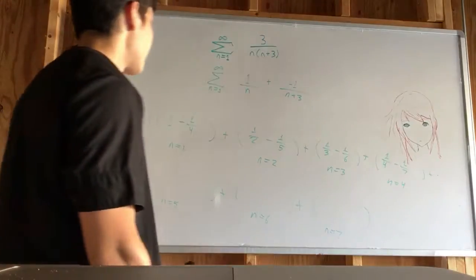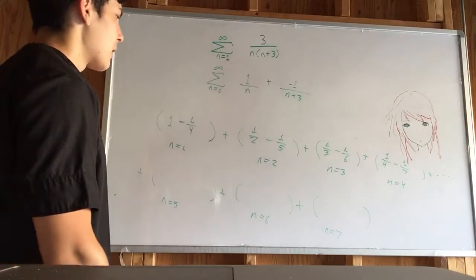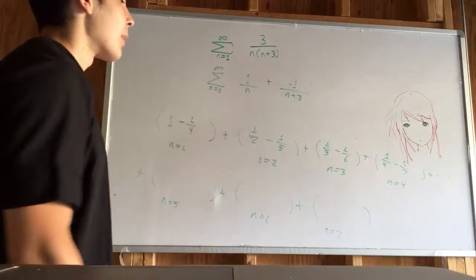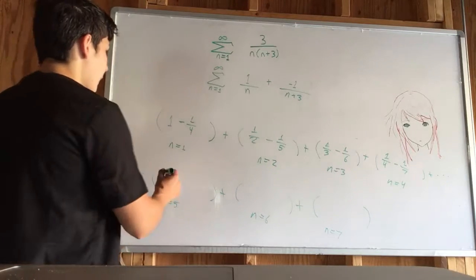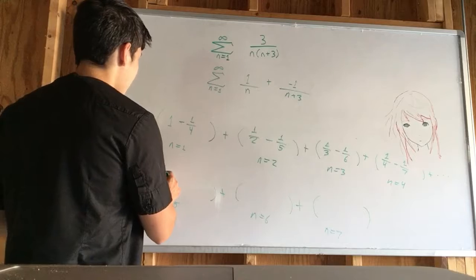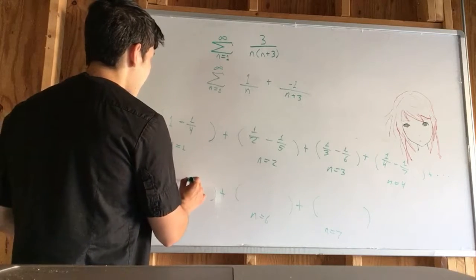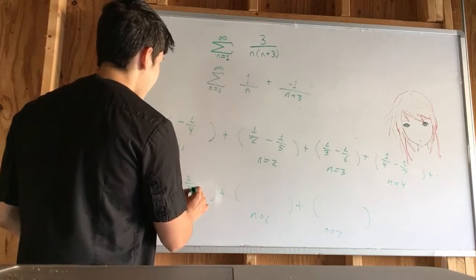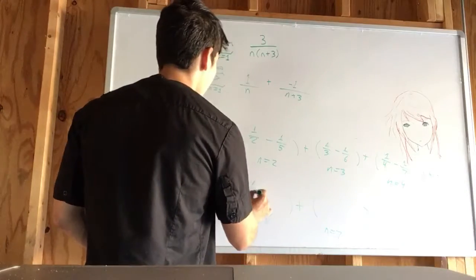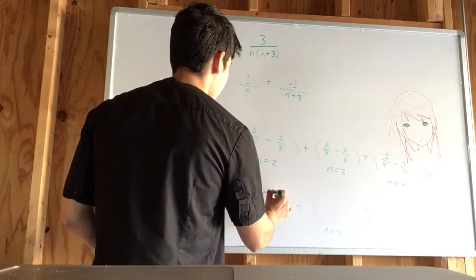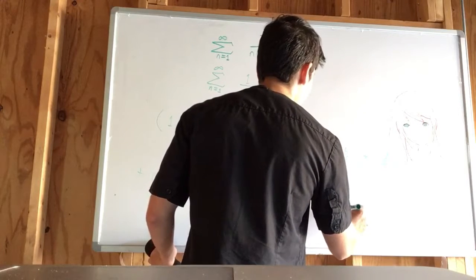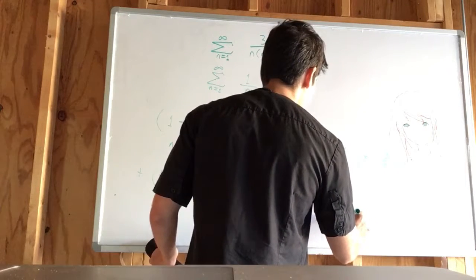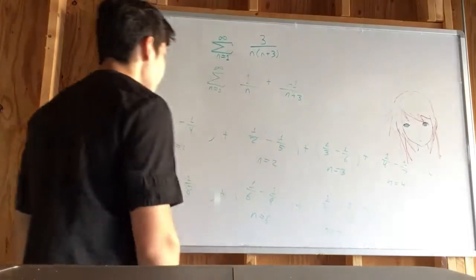And now we could start to see the pattern, that we're just adding a number in the denominator on both sides. So here we have 1/5 minus 1/8, and then 1/6 minus 1/9, 1/7 minus 1/10.